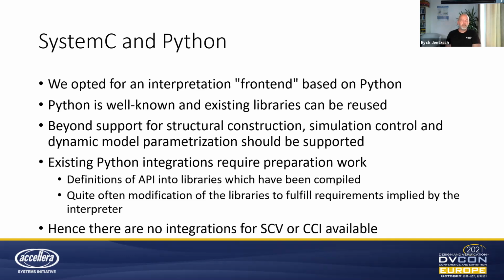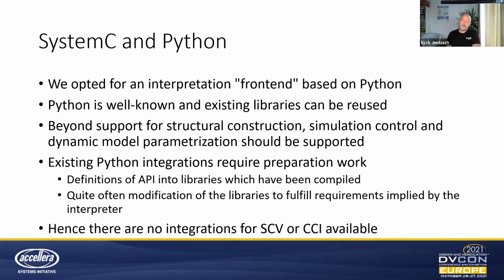which means we have Python on top and SystemC underneath. But if you look at existing Python integrations like SoCrocket, you need to prepare the libraries to be integrated, which means you have to have specific elements to use SystemC from Python, so that Python knows about how to deal with SystemC, for example, or others.